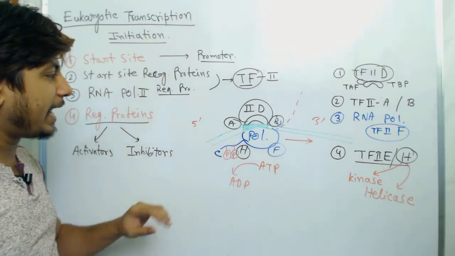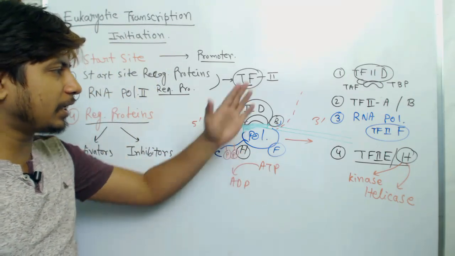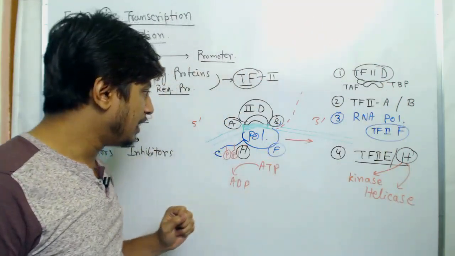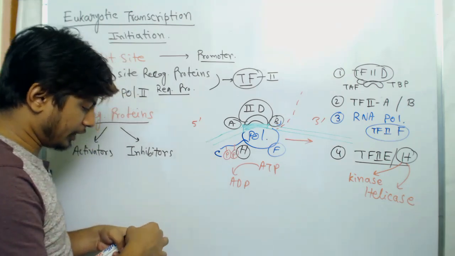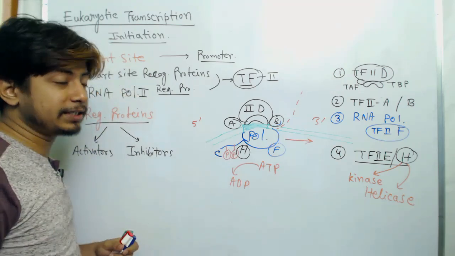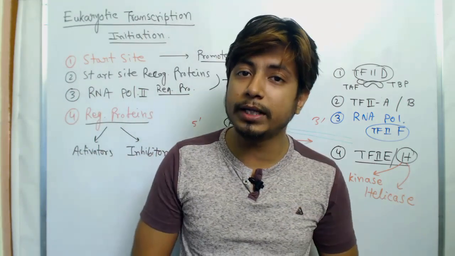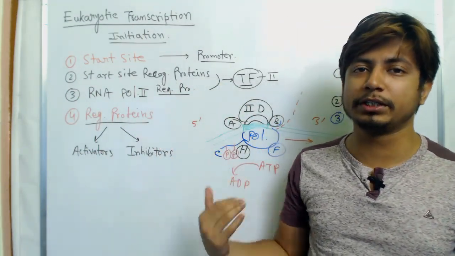Now imagine one thing, at this particular point, these are all the sequential events of different transcription factors involved. But there is a regulation as well, and the regulation is at the position of the pre-initiation complex. I told you that I am also going to talk about regulation in this video.